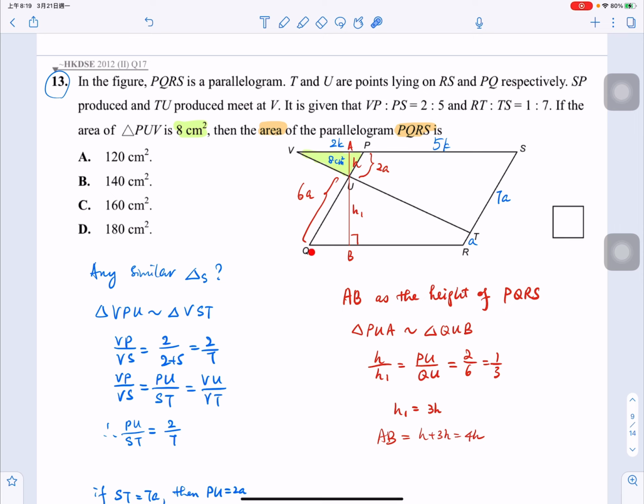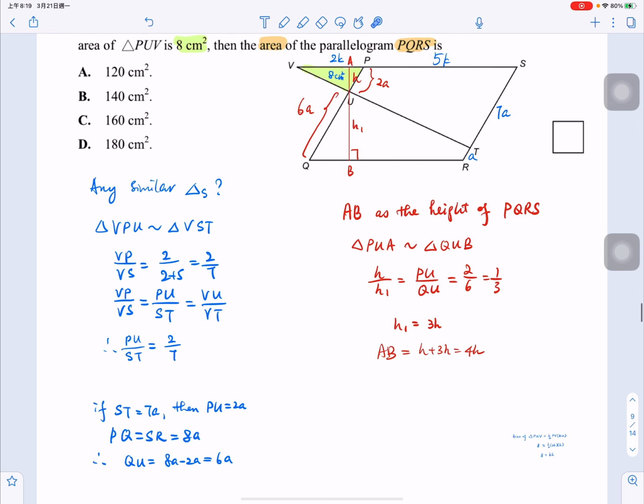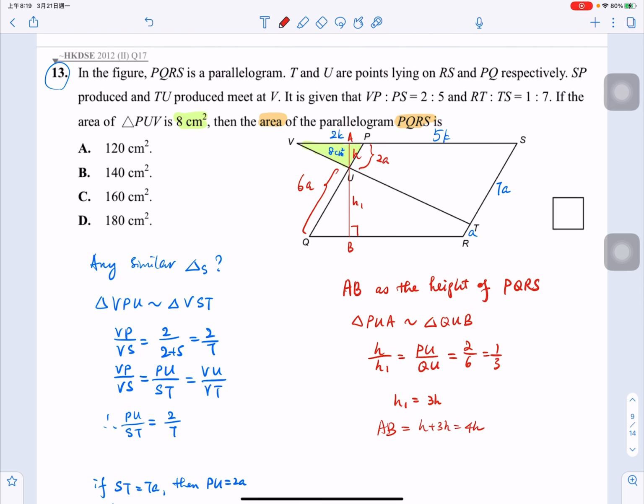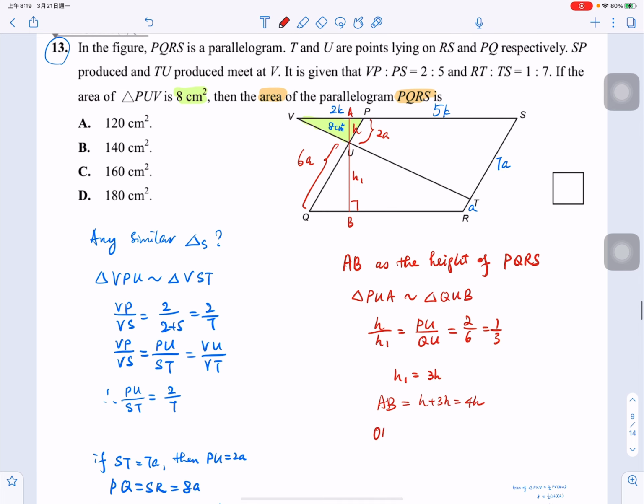And how about QR? We know that QR actually is PS. That means this one is also 5K, right? But how can we solve it?